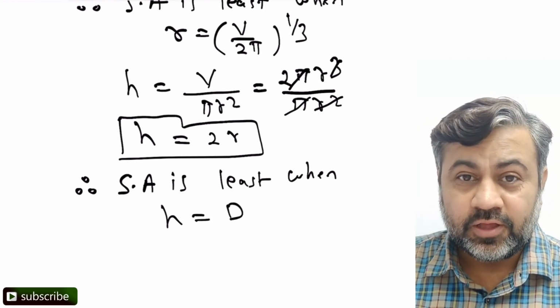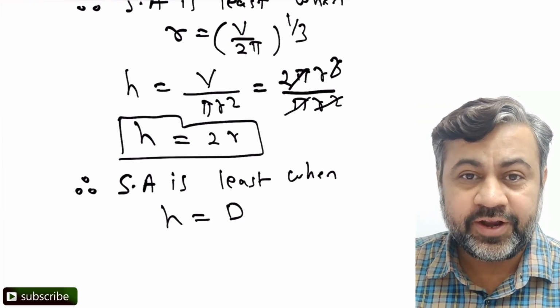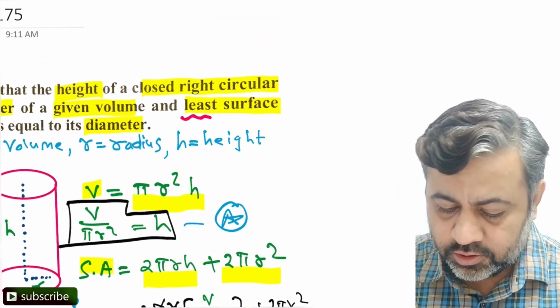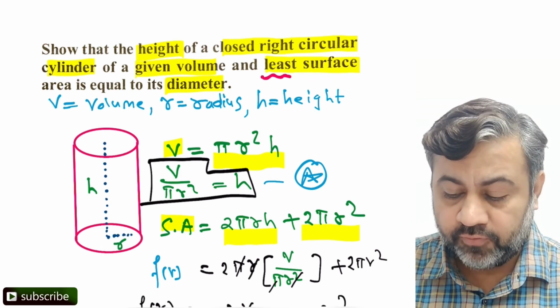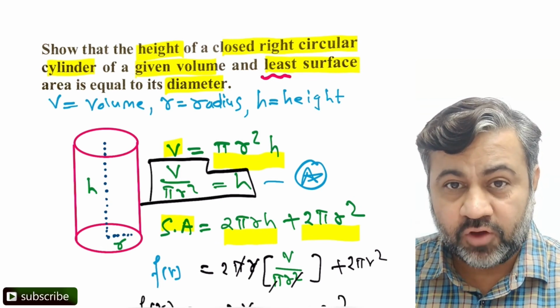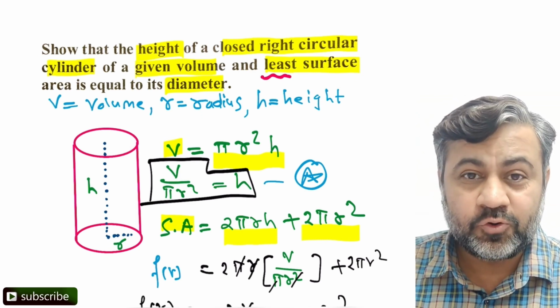So again I'm telling you, the most important thing in this type of question is reading the question carefully. Let me take you back to the question. The question says: show that the height of a cylinder of a given volume and with the least surface area is equal to its diameter.